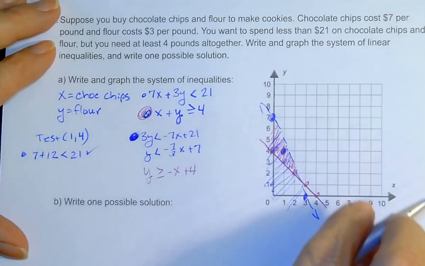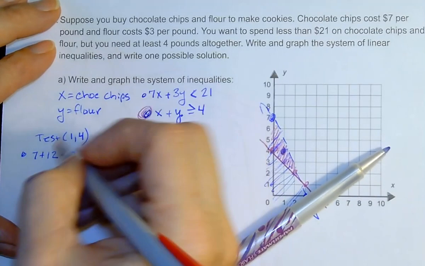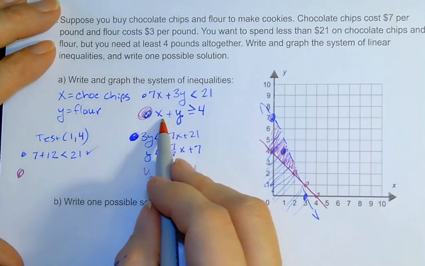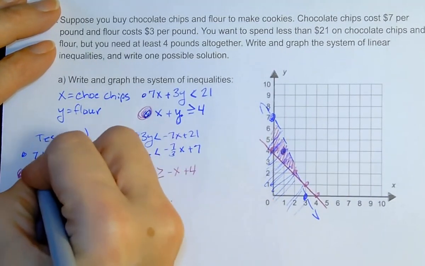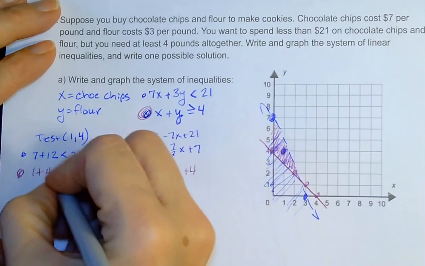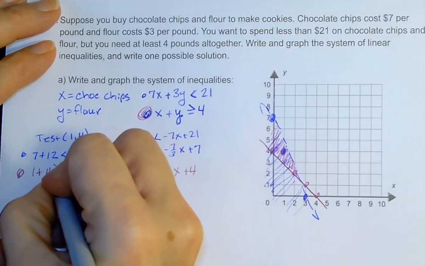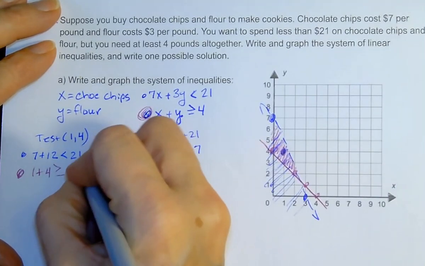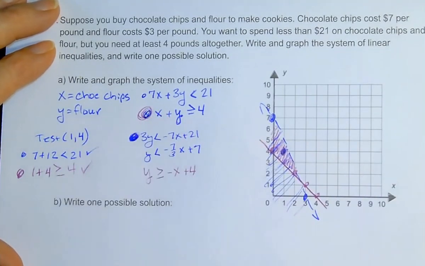That's true. 19 is less than 21. And then my red one, I'm going to get 1 plus 4 is greater than or equal to 4. And that's true because 5 is greater than or equal to 4. So it looks like I got my shading in the right direction, and my double shaded area looks good.